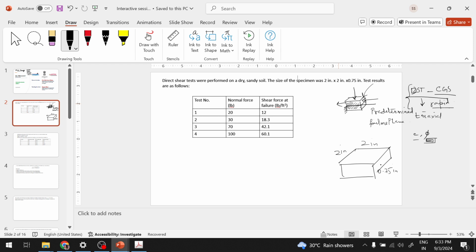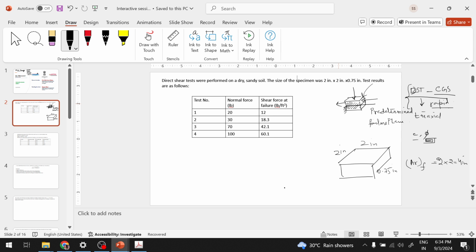So the area of the failure surface will be initially 2 into 2, which is 4 inch square.